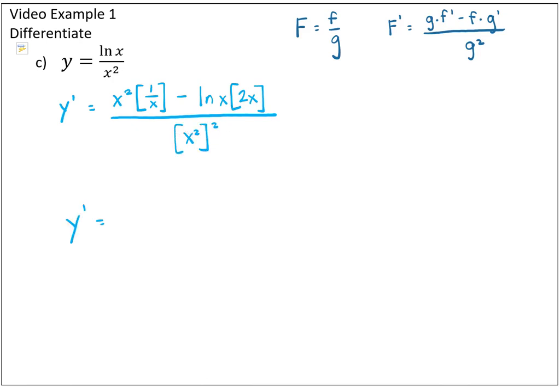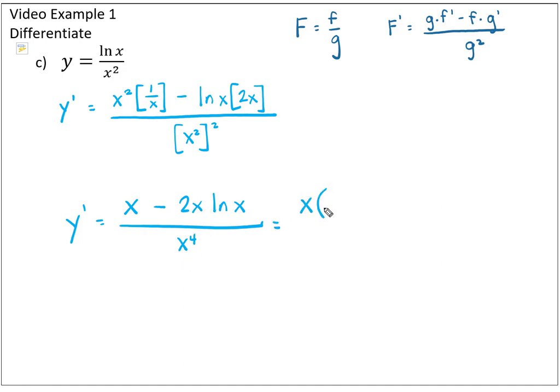So we want to simplify this. X squared times 1 over x is just x. And then we want to bring out the coefficient and the variable. So we're going to say minus 2x. That always goes in the front. And then any functions that get multiplied go in the back. And then x squared squared is x to the 4th. You should notice that there's an x here, and an x in the denominator. So let's factor those x's out.